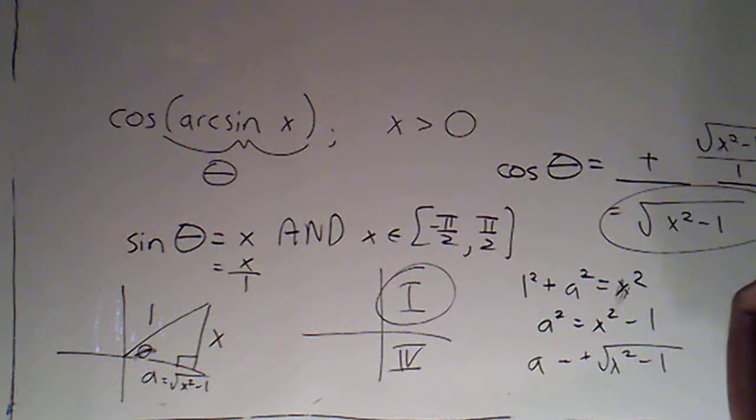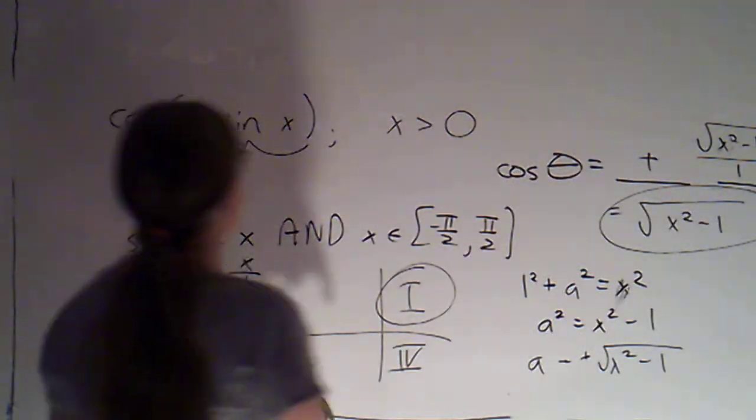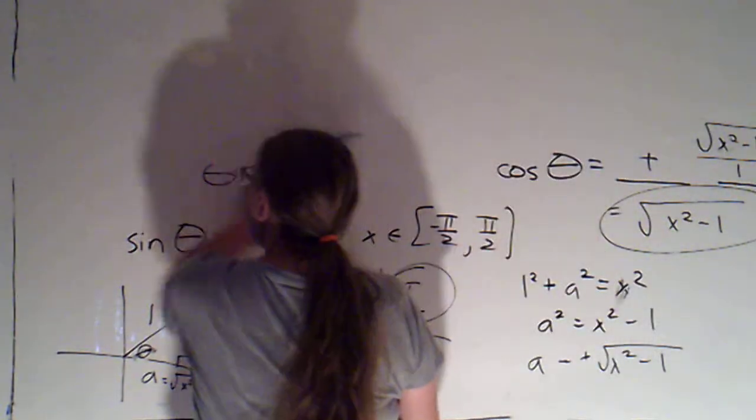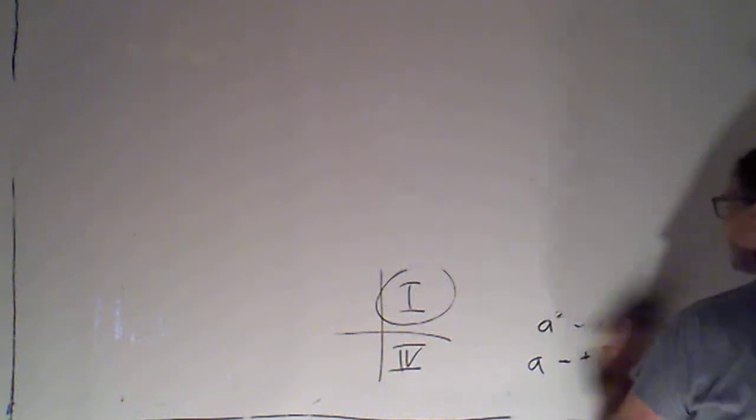Excellent. I want to do another example, but where x is negative, because there I want to be very clear about what my expectations are for showing your work. So let's try this.